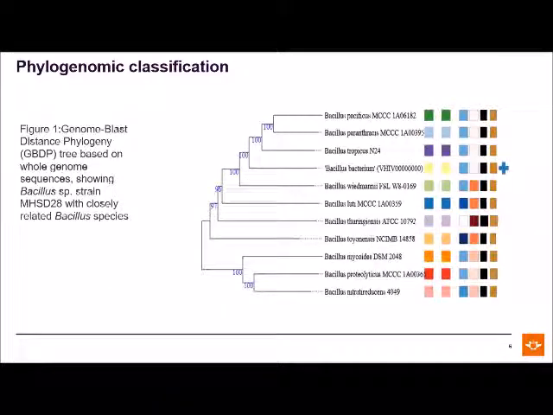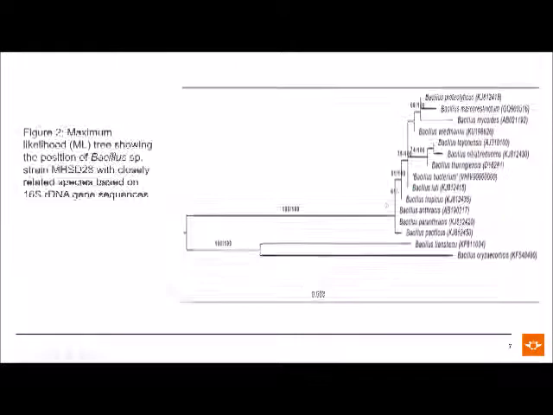The strain was phylogenomically classified using the TYGS server, which indicated that the strain has a monophyletic relationship with closely related Bacillus species, as shown on this diagram and on this tree as well.